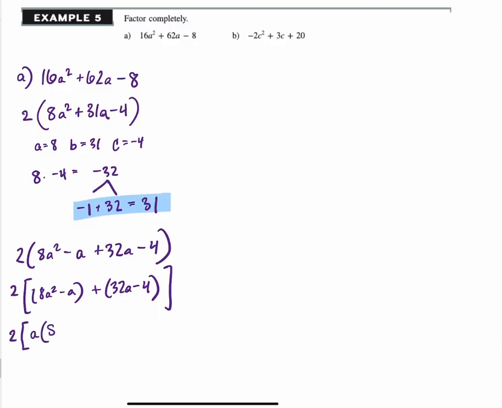So we'll be left with 8a minus 1. And then in the second set, they're both divisible by 4. 4 goes into 32 8 times, so 8a. Negative 4 divided by 4 is negative 1. So this will give us 2 times the common factor 8a minus 1 times those remaining coefficients a plus 4.